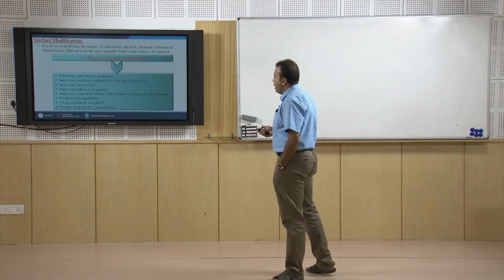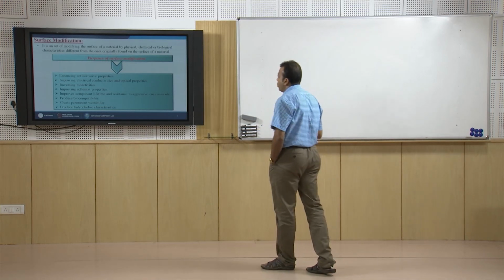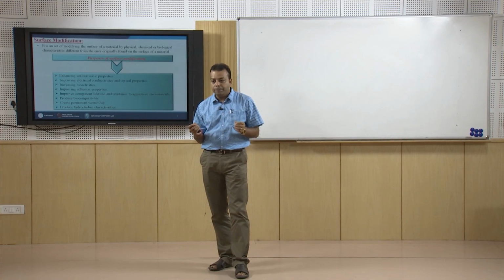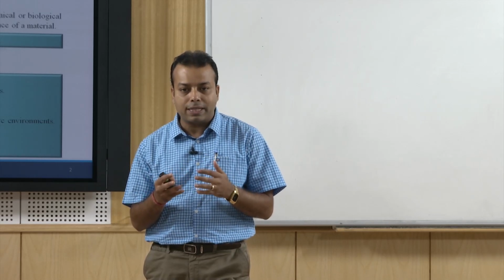So, first let us know the definition of surface modification. It is an act of modifying the surface of a material by physical, chemical or biological characteristics different from the ones originally found on the surface of the material. From that definition we can understand that when we talk about surface modification, we are modifying the surface, right.